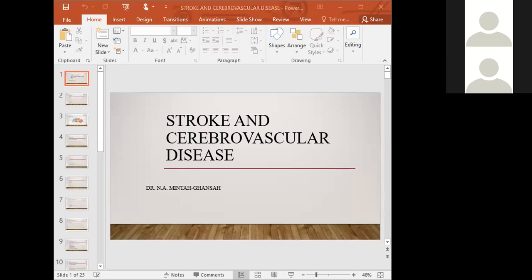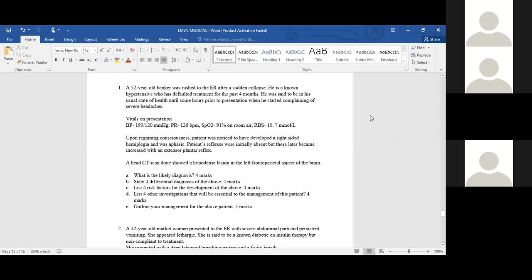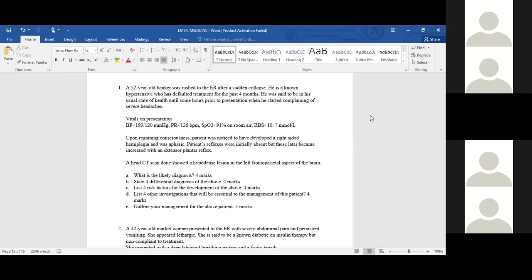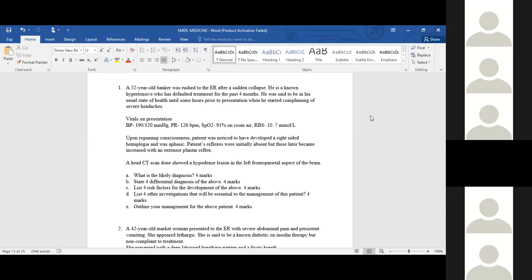Okay, can you see my new screen? Yes, sir. It's a Word document. I don't know if you can see it. Yes, sir. All right, great. Okay, so let's quickly touch on this.